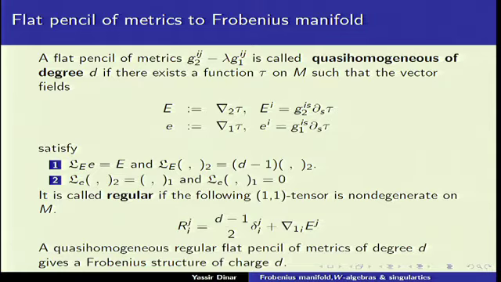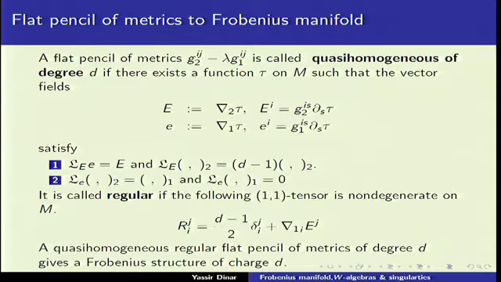The gradient of this function defines two vector fields. The first vector field will be the Euler vector field, which gives the quasi-homogeneity of the Frobenius manifold. The other one is the gradient with respect to the other metric, and it gives the identity of the Frobenius manifold. These two vector fields have to satisfy these conditions about the Lie derivatives.